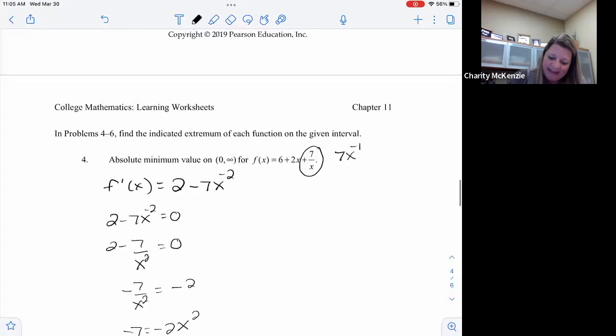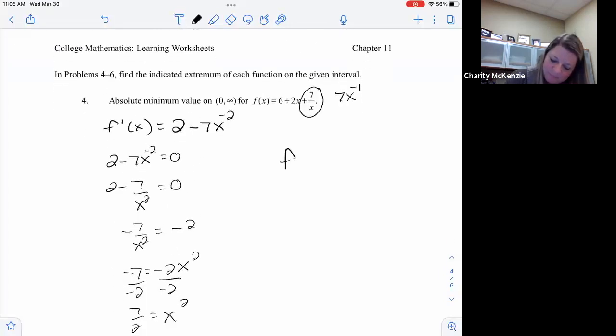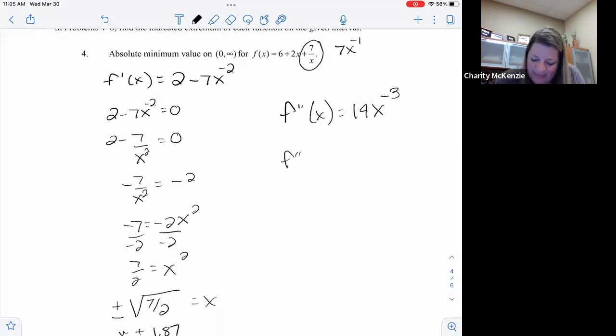So if we do the second derivative of this one, pretty basic one, thank goodness, the 2 disappears. Negative 2 times negative 7 is 14x to the negative 3rd power. Ew. Now, all we're doing to the second derivative is putting in the value that we got. You could totally use the decimal because we really care if it's positive or negative.